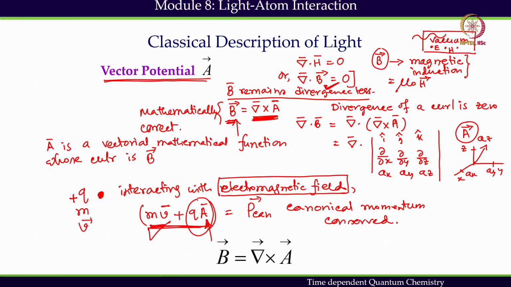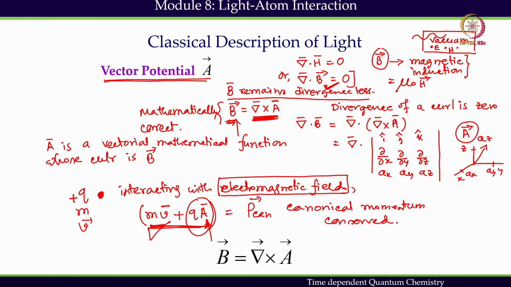So these are the different consequences we are picking up randomly, knowing the fact that they are useful in the context of light atom interactions. We are picking up those information which will be useful for the present discussion of light atom interaction. So we'll move on.